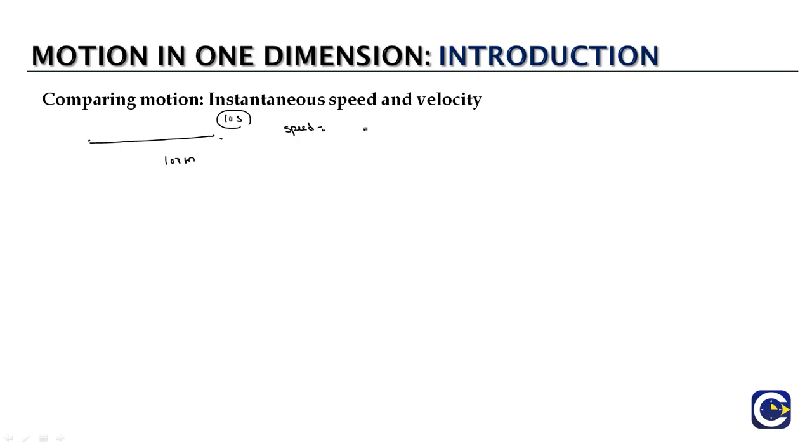So his speed for the journey will be, he is covering a total distance of 100 meters divided by the time of 10 seconds, so we'll get 10 meter per second, which means what we're expecting is for every 1 second of the journey he'll be covering 10 meters. So if you break the journey into, say for example, 10 intervals, each 1 second, what we are anticipating is he will be covering 10 meters in each of these parts, which does not happen practically.